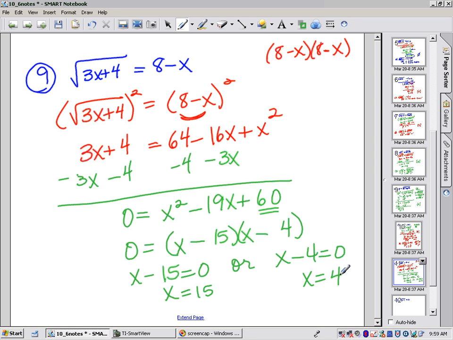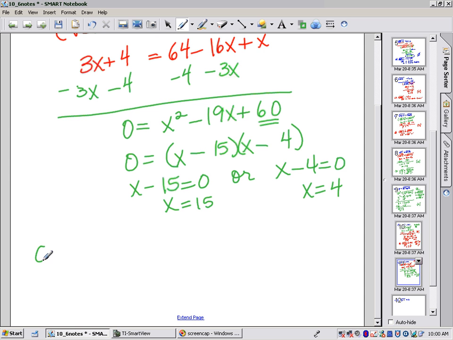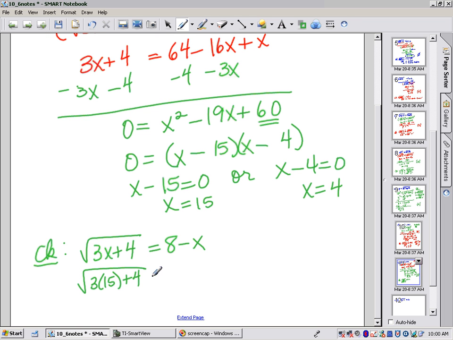So we have to check. To check, we had the square root of 3x plus 4 is equal to 8 minus x. So we plug in 15. We do 3 times 15 plus 4. Is that equal to 8 minus 15? Well, 3 times 15 is 45 plus 4 is 49, which is the square root of 49.